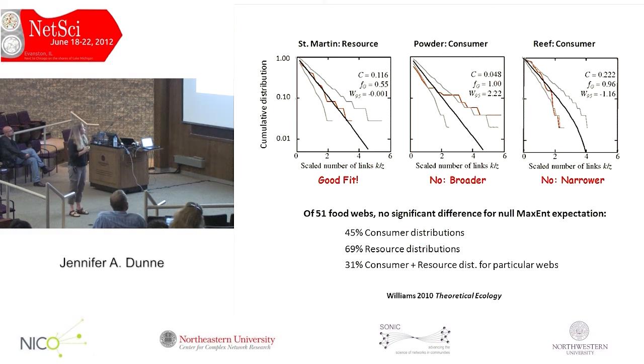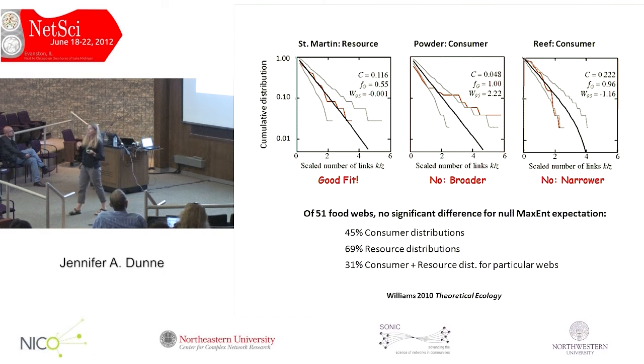In these two food webs, consumer distribution and another consumer distribution, you see that the empirical distribution is wider than expected from the maxent, and here it's narrower. Overall, across these food webs, in about half the cases you see no significant difference from a maxent expectation.